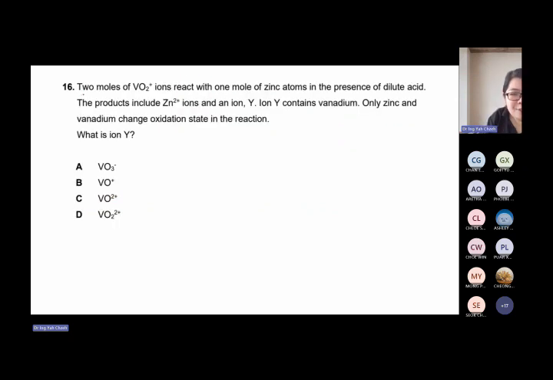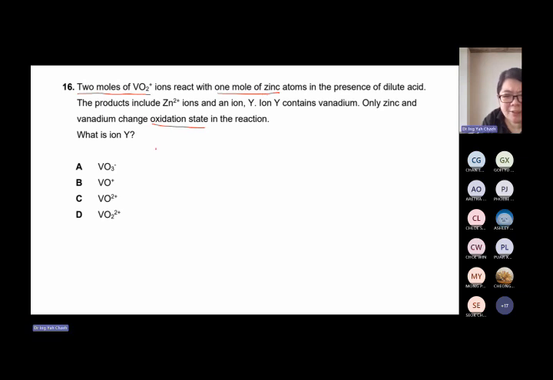Okay, when it comes to this sort of question, you only need to balance the number of moles of the reactants where their oxidation state change in the reaction. Here it says that 2 moles of VO2 positive reacts with 1 mole of zinc.